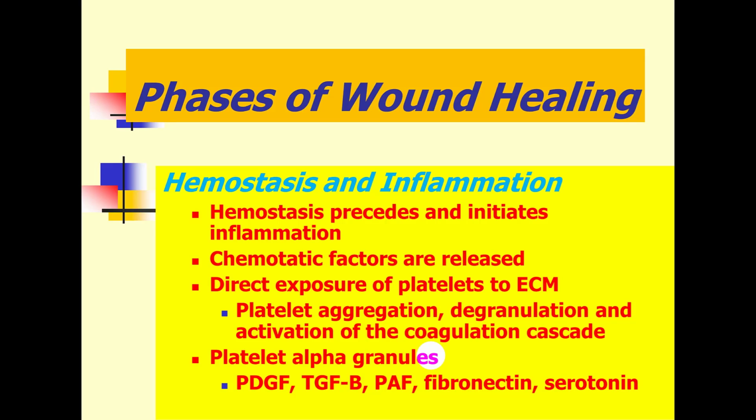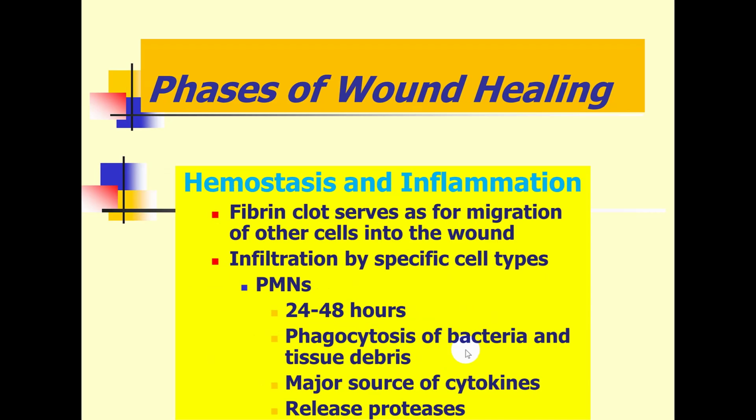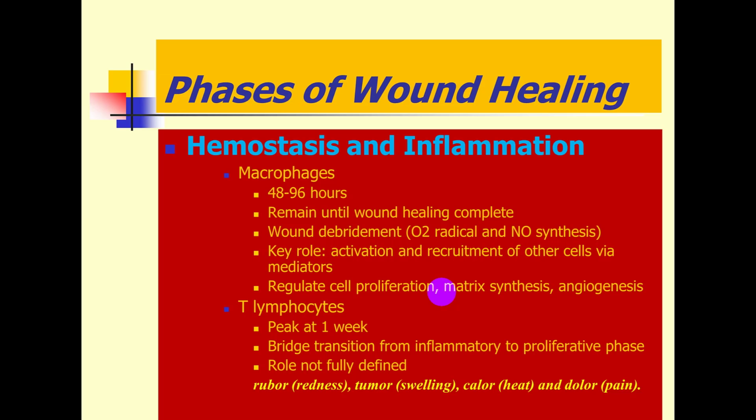All these released from the alpha granules of the platelets give an alarm for the other cells to come to this place, because there is trauma or a wound here. After that, there's a fibrin clot surrounding and migration into the wound, and then infiltration by specific cell types like neutrophils, usually within 1 to 3 days.